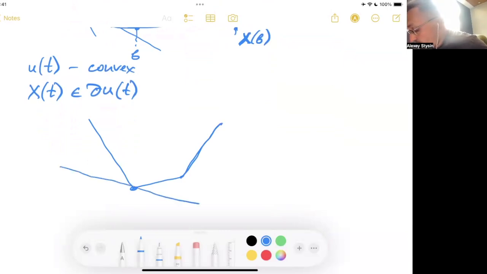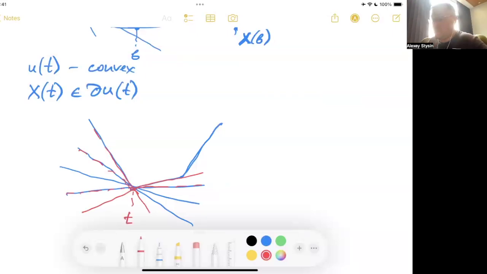So those could be number 1 and number 2 and number 3, and the whole family of those. And in fact here we have that the x of t at this point t should belong to a subgradient, meaning that it should be one of those planes.